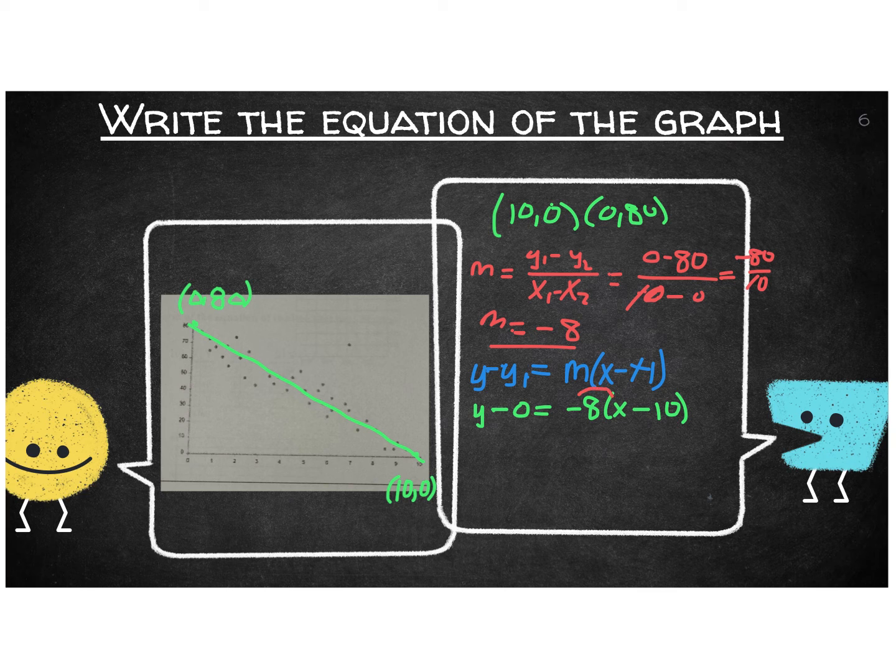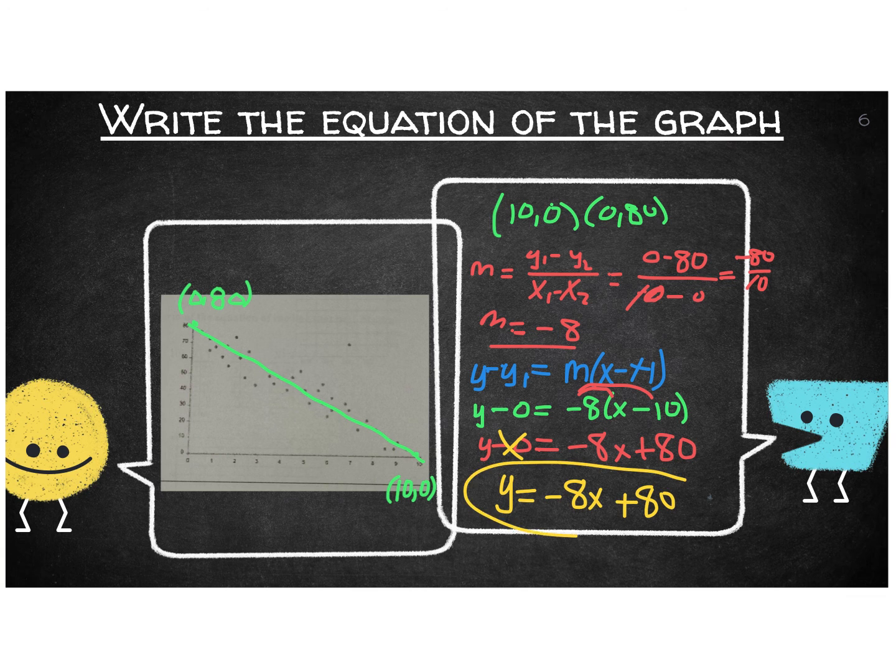So I'm going to distribute in, and when I say solve, I mean solve for y, put into slope-intercept form. So I'm going to distribute that, and I have y minus 0 equals negative 8x plus 80. Then technically I would add that 0 over, but it's just 0, so it doesn't even need to be there. And my final answer is y equals negative 8x plus 80. And that is a general estimate for this information.